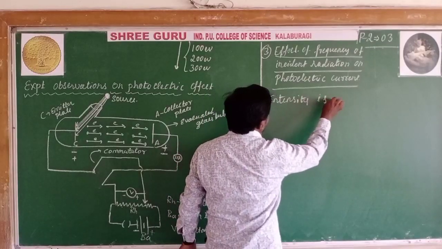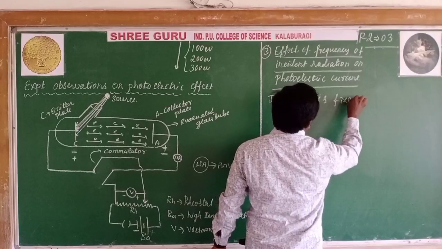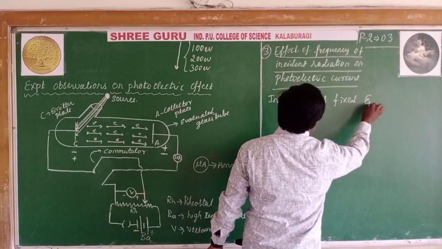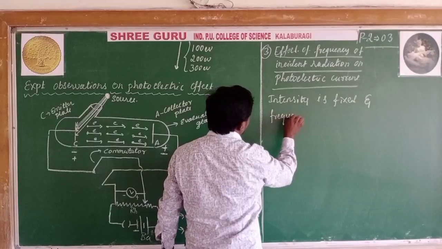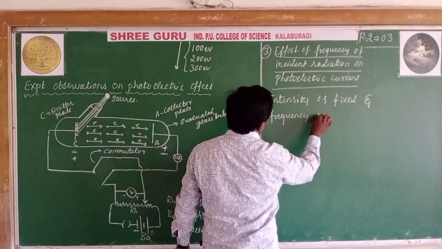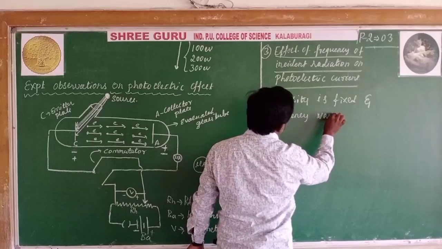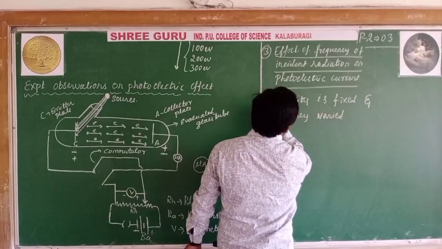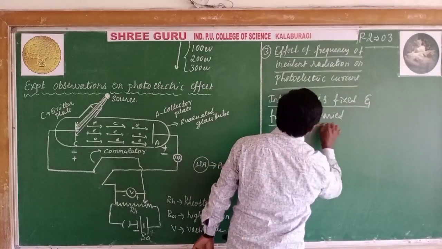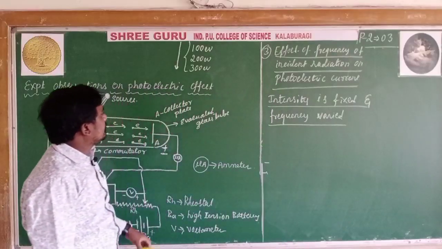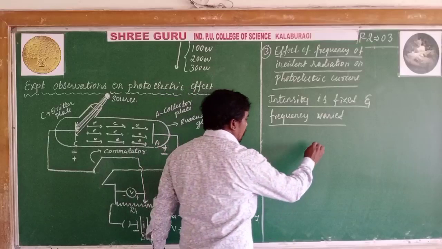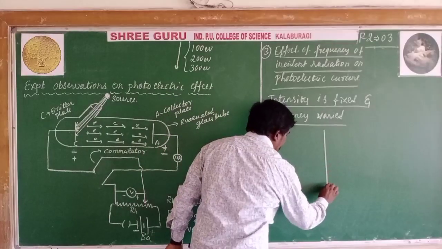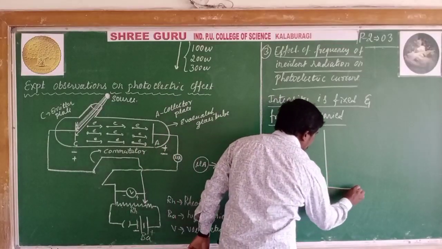Intensity is fixed and frequency is varied. Now just see a graphical explanation.